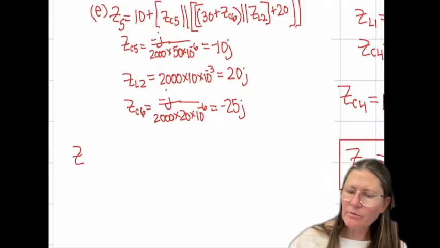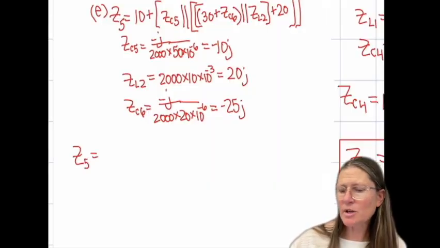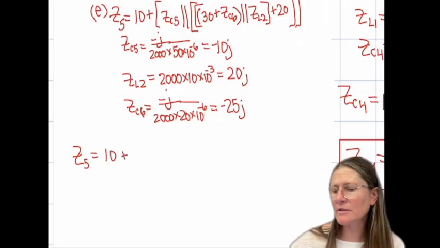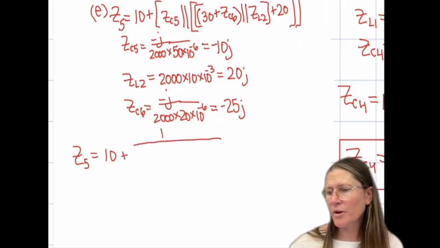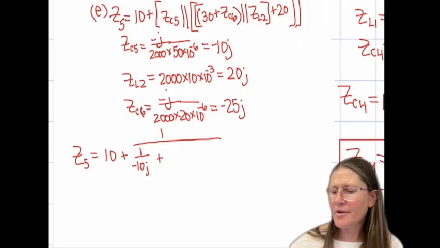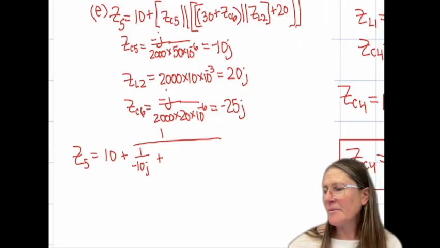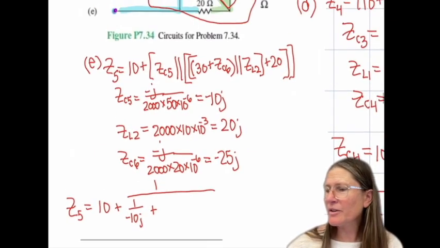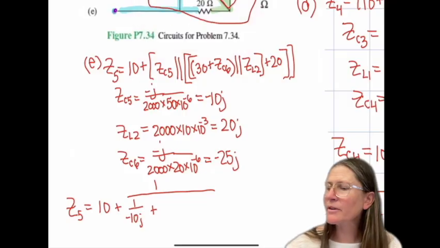So this all written out is going to be 10 plus 1 over minus 10J. I'm going to call this something else because it's a little messy.